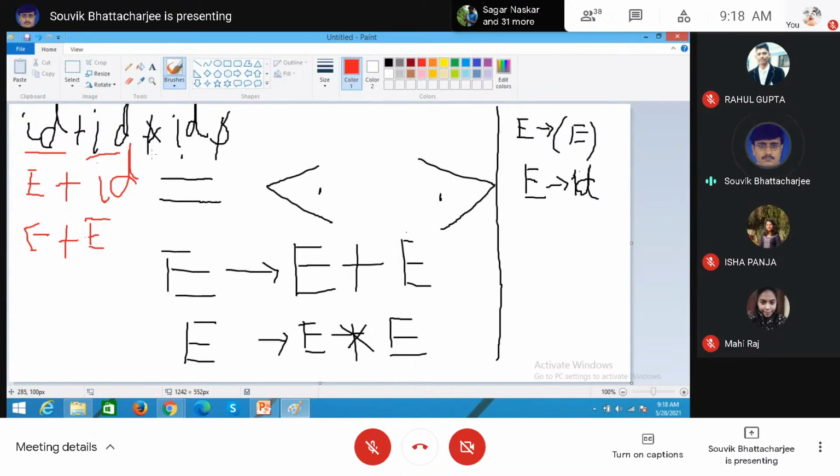In that case, some conflict may occur: whether you will shift star onto the stack or whether E plus E will be reduced by E. This is an example of a shift-reduce conflict.